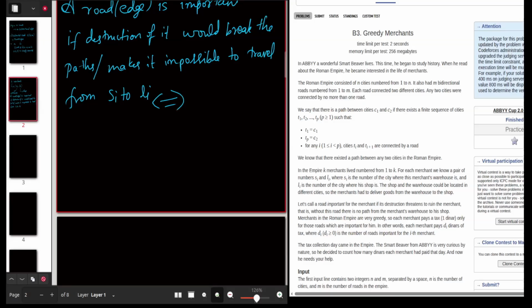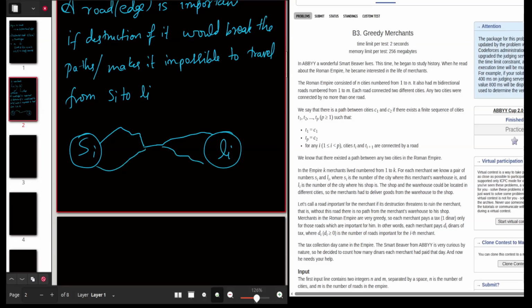Which means, let's say here is Si, here is Li, and there could be multiple paths from Si to Li. Wherever you observe the curves, that is where the nodes are.